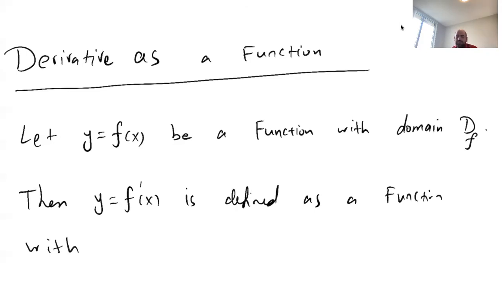When I want to introduce a new function, I have to introduce its domain and also its formula. So for the original function f of x, I know the formula and I know the domain. For the new function f prime of x, I need to introduce the domain and the formula.